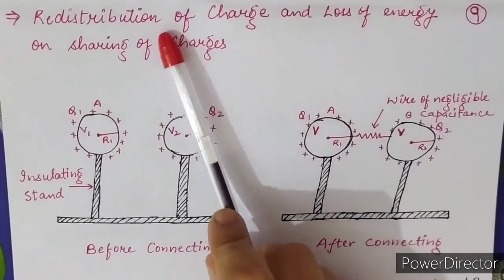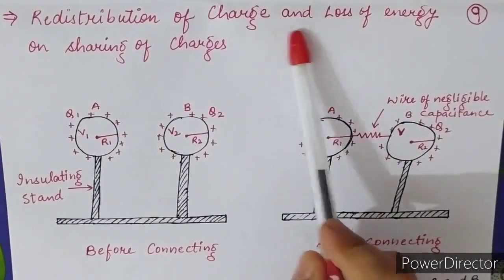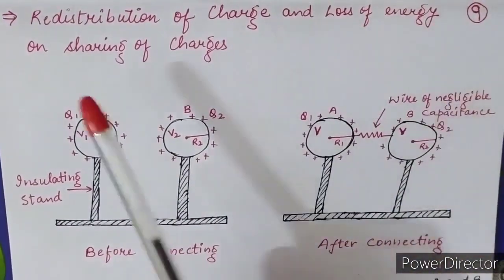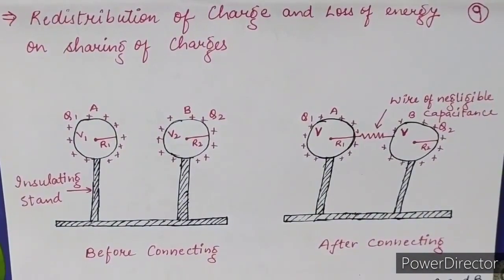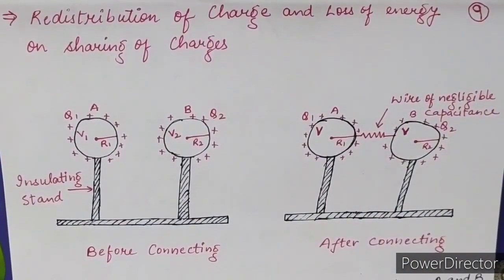Next is redistribution of charge and loss of energy on sharing of charges. In this, we consider two spherical conductors having different charges, and due to that they have different potentials.